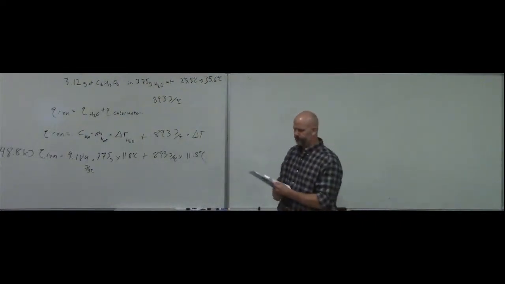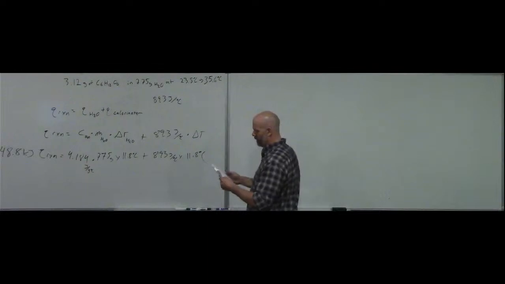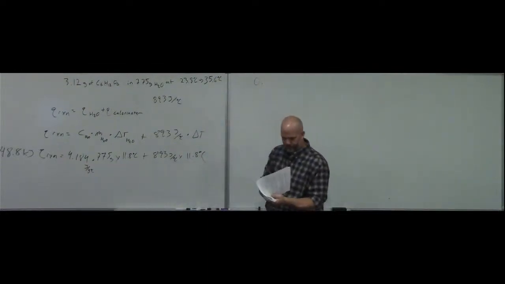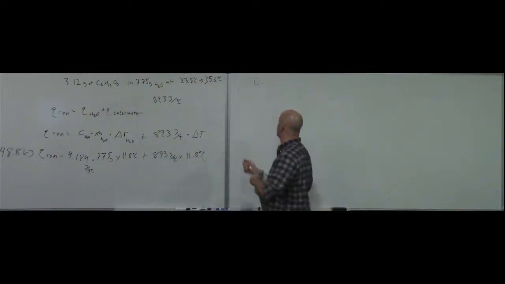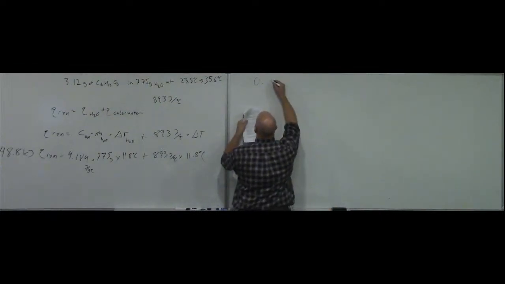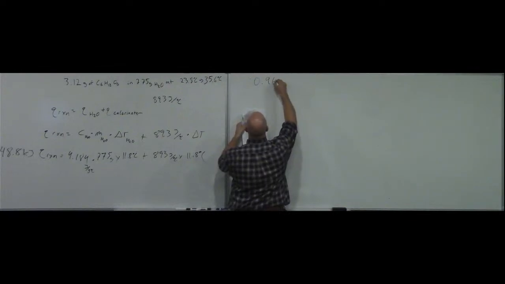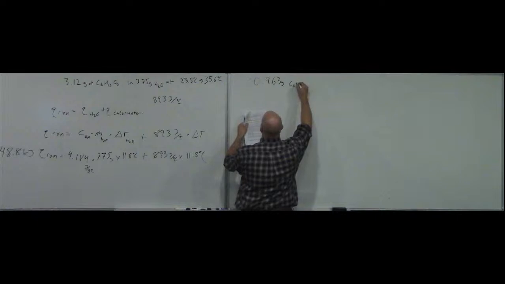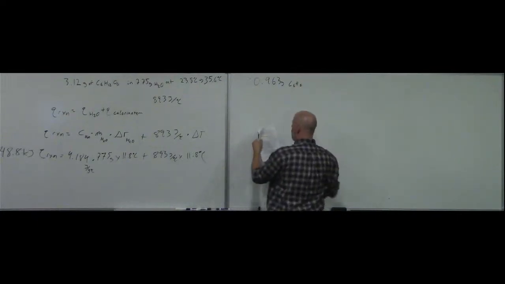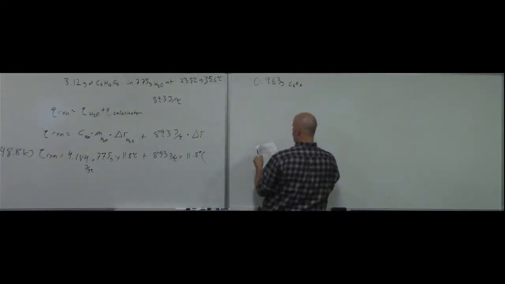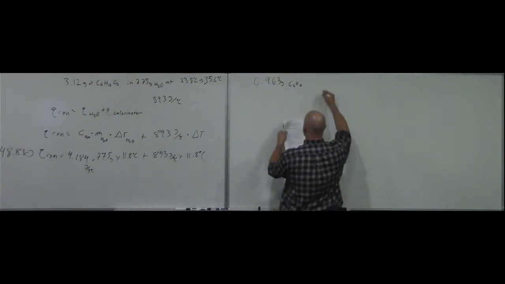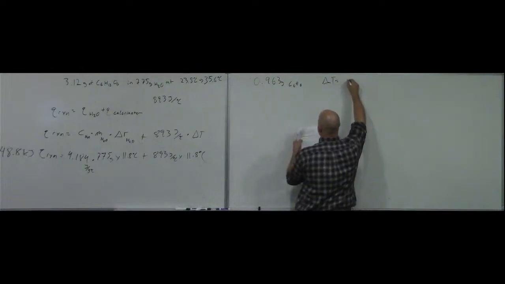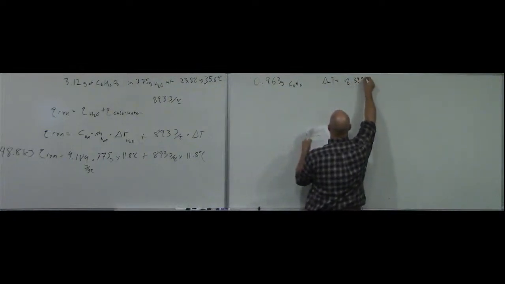Here we go. When 0.963 grams of benzene, that's C6H6, is burned in a bomb calorimeter, the temperature of the calorimeter increases by 8.39, so I've got a delta T. Delta T equals 8.39 degrees centigrade.